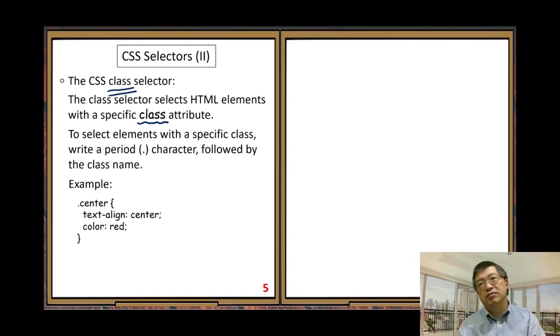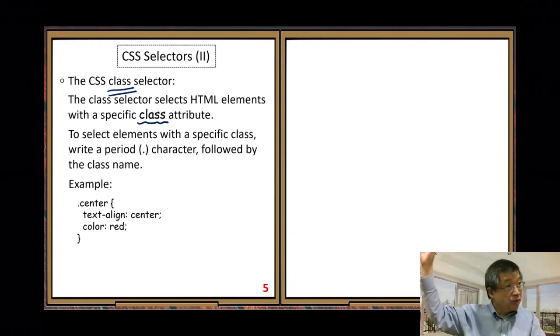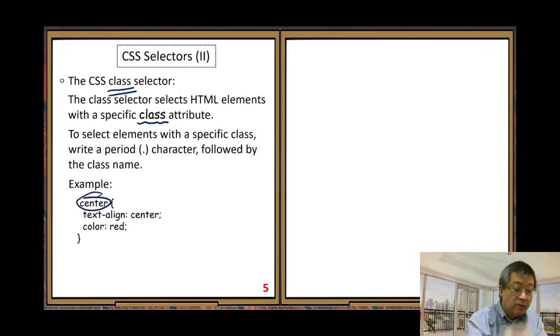So how do you target elements with the center class? Dot center, period, center. In this way, this whole rule will be applied to all the elements with the same class name, the same center class value. Name is class, value is center for those elements.